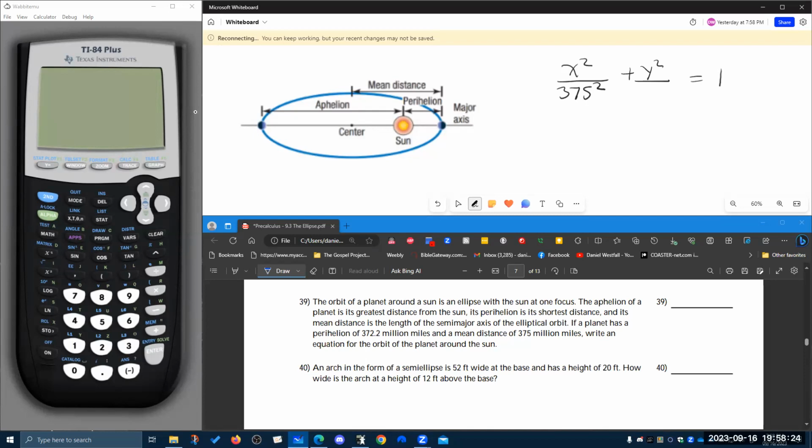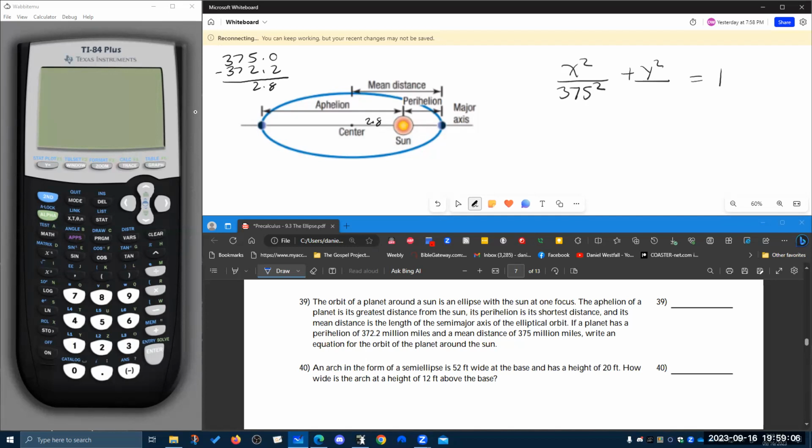So we're going to say that if the perihelion is 372.2 and the mean distance is 375, I can find the difference between them to give me a distance of 2.8, and that's going to be my distance from my center to my sun.